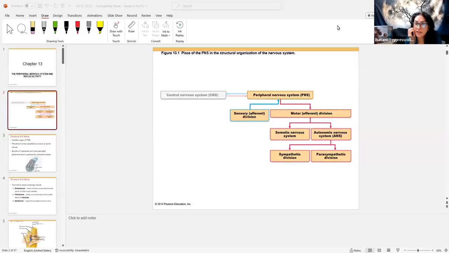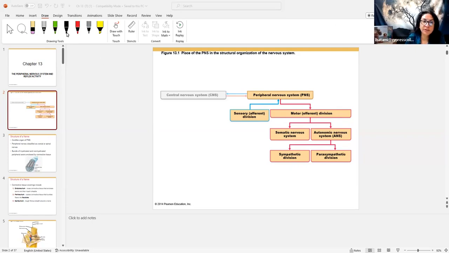As you remember, we divided our nervous system into two parts: the central nervous system, which is only the brain and spinal cord, and the peripheral nervous system, which is the nerves and ganglia found outside of the central nervous system. We can divide the peripheral nervous system based on the direction of the signals.